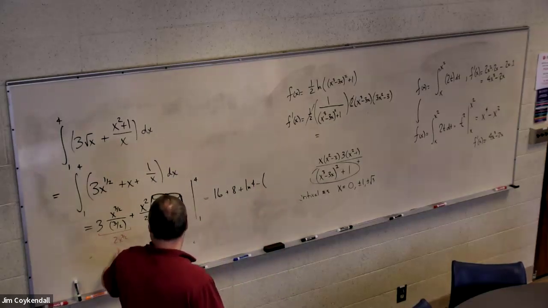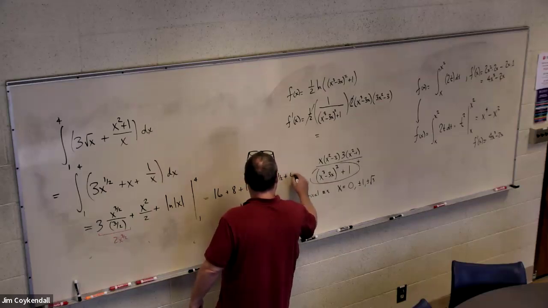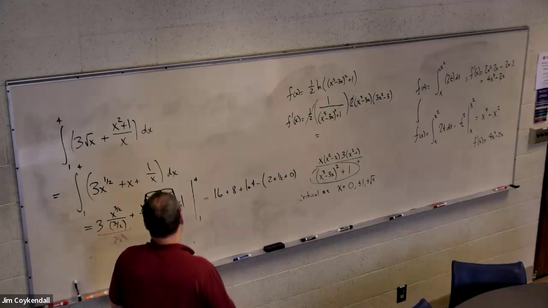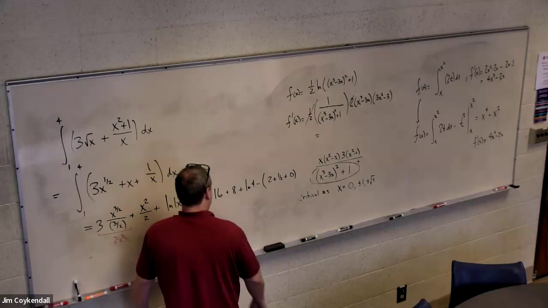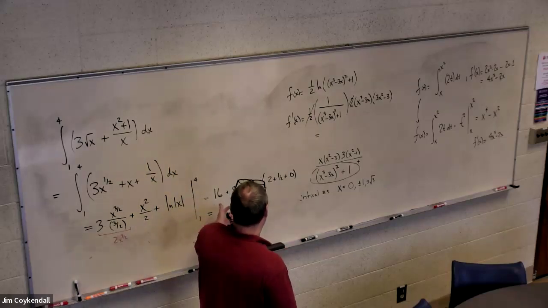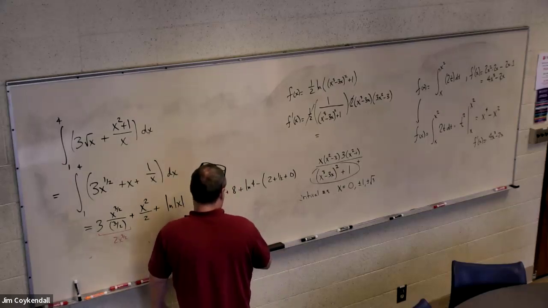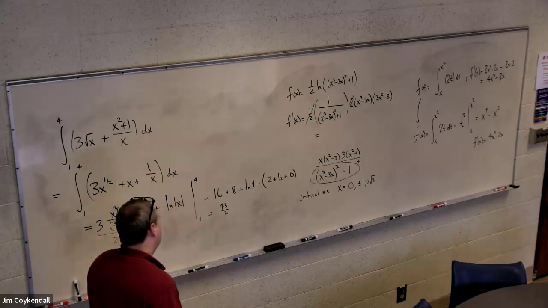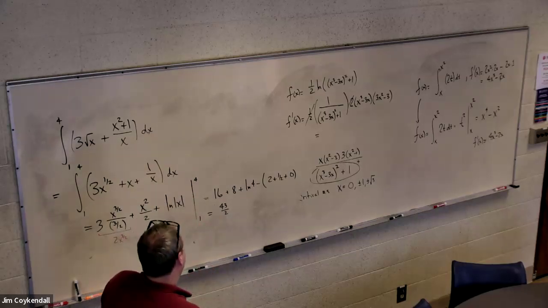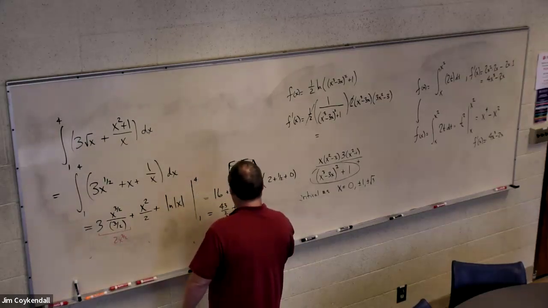When I put in 1, I get 2 plus a half, plus log 1 which is 0. So that's 24 and 22, 21. So that's 3/2.